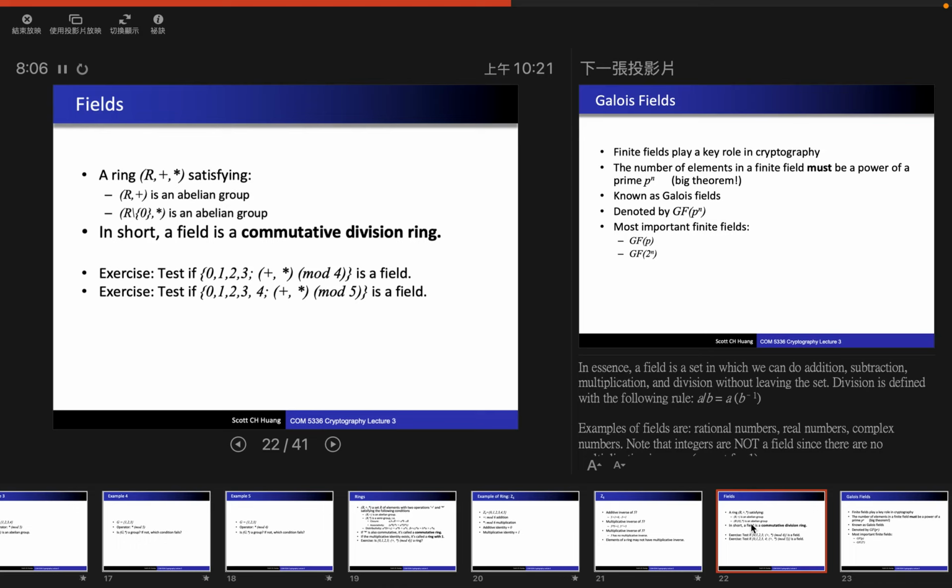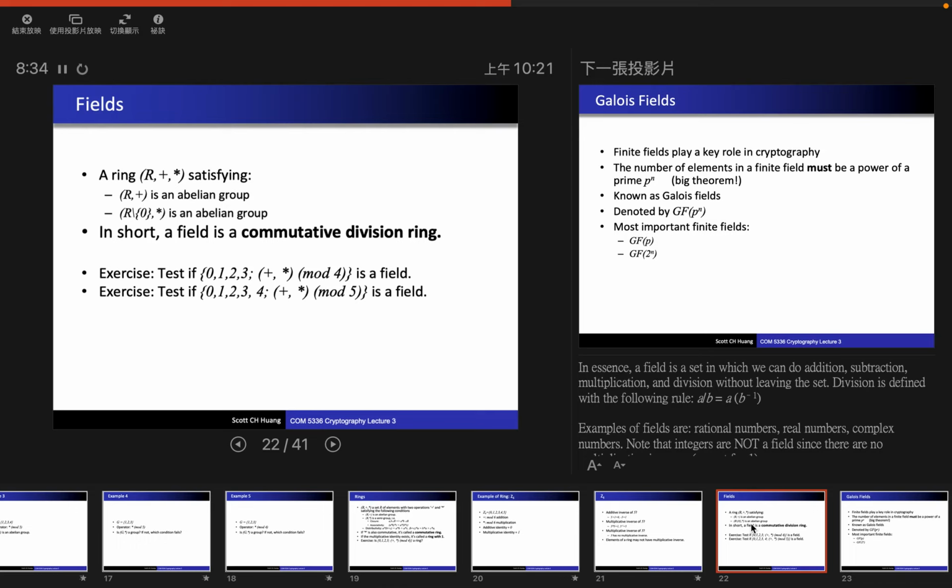This is one of the easiest finite fields. You can verify that mod 4 is not a field because some elements do not have an inverse. You may ask, why is mod 5 okay, but mod 4 is not? That's because 5 is prime, but 4 is not prime.